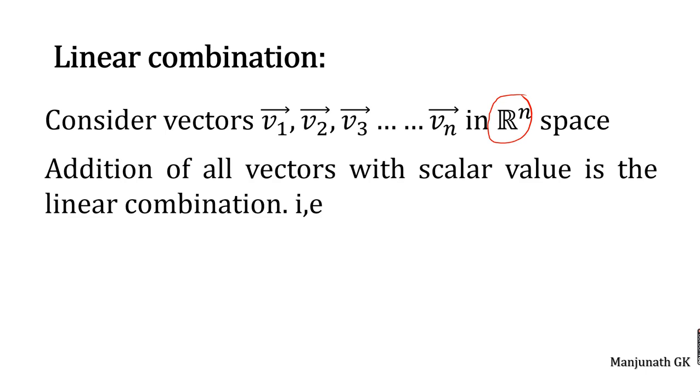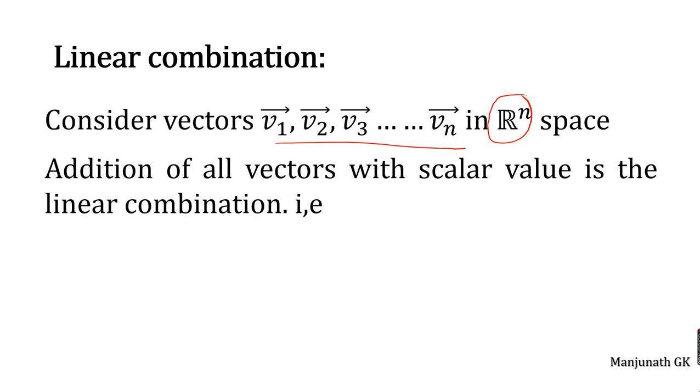If I want to say that these vectors are producing a linear combination result, there should be one condition: the addition of all the vectors with scalars gives a linear combination.